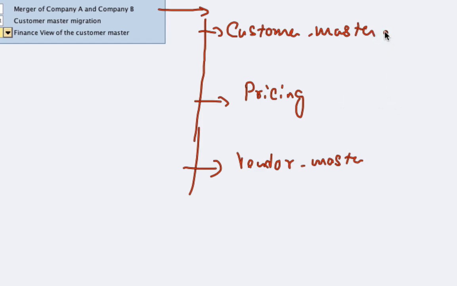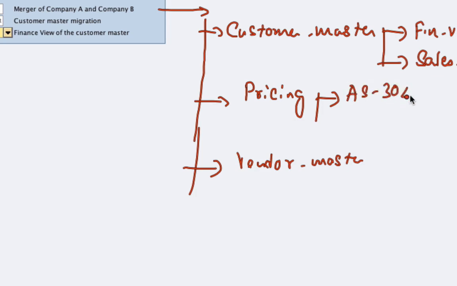One object could be finance view. Another object could be sales view. And for pricing, you could have different objects, just like the way we have chosen for the customer master. Say access sequence 304 or PR00 pricing condition record type.